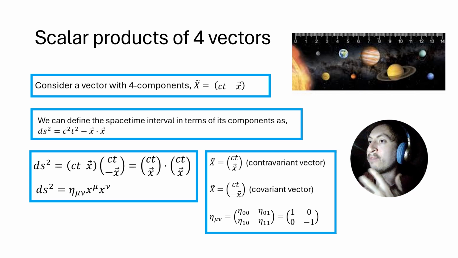So the distances in space-time are really contained within this matrix, and this 2x2 matrix is our matrix defining distances in space-time through the scalar product, and so we call it a metric. It tells us about how to calculate distances in this space. Now it's worth saying I said it was a 2x2 matrix, but if we're considering the full 3 dimensions of physical space, then this -1 here would be replaced with minus an identity matrix, and eta would actually be a 4x4 matrix.